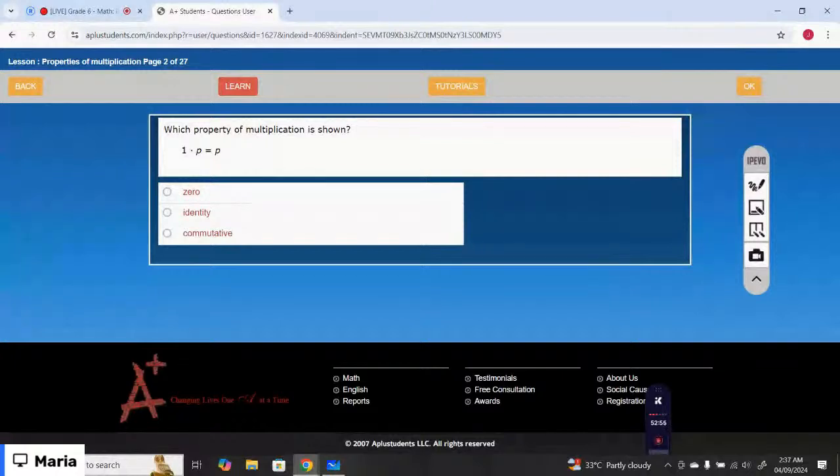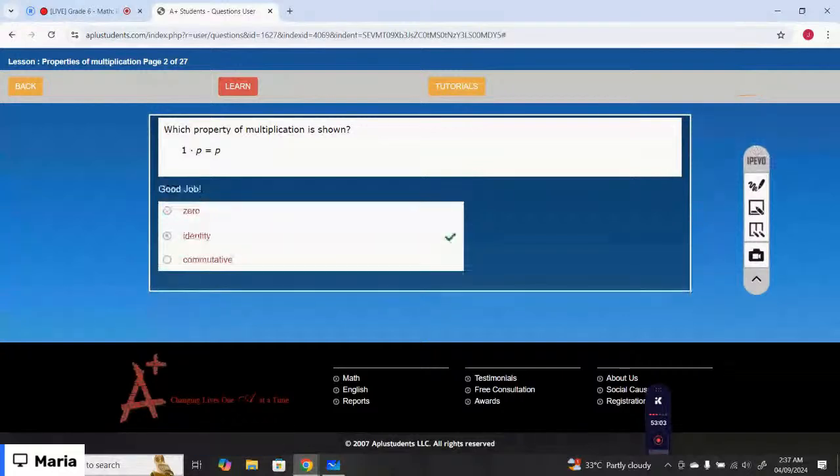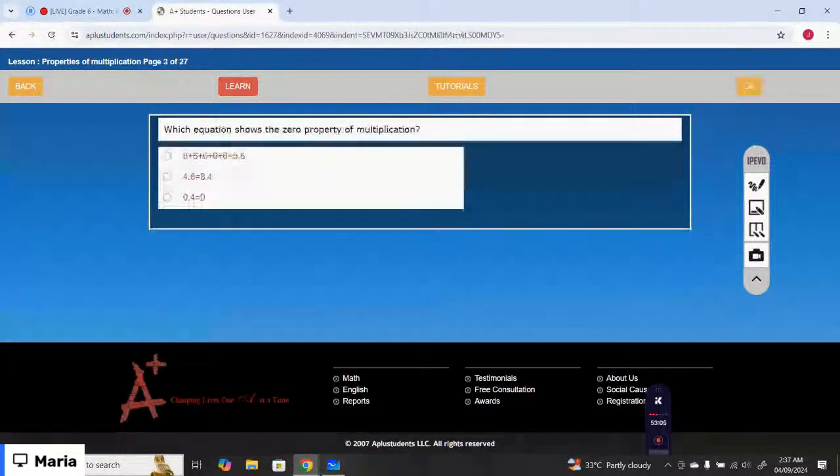One times p equals p is the identity property of multiplication, right? When you multiply any number with one, the number stays the same. That is the identity property. Yes, option number 2 is the correct option.